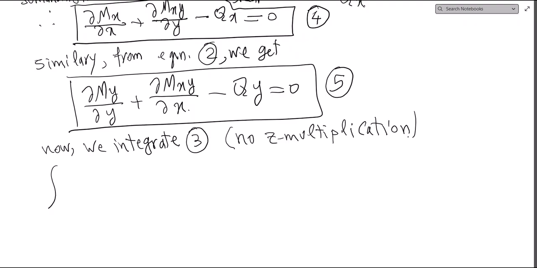So this becomes d sigma z/dz integrated dz, and the limits of the integral are minus h over 2 to plus h over 2.